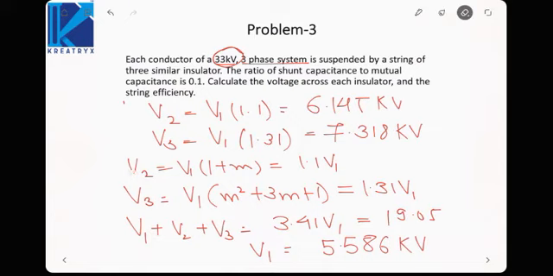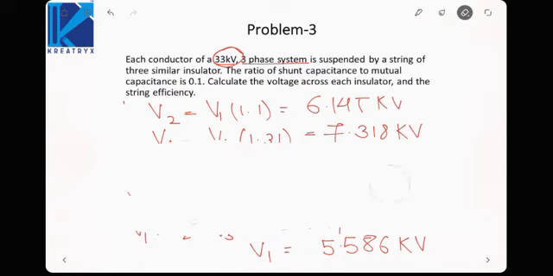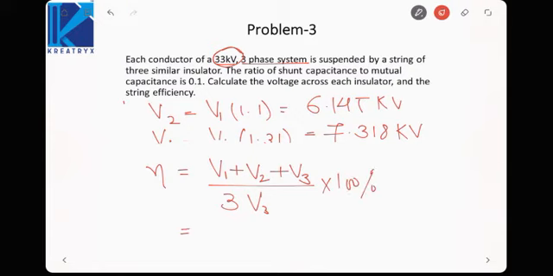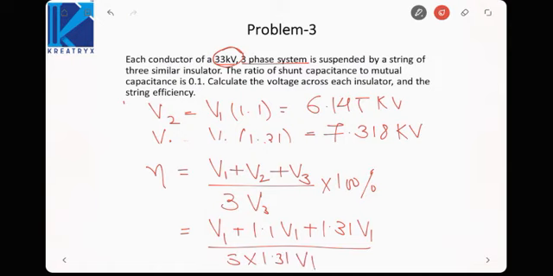Now it is asking for string efficiency. Now string efficiency we represented as (V1 plus V2 plus V3) by 3 V3 into 100%. Now this will be equal to (V1 plus 1.1 V1 plus 1.31 V1) divided by (3 into 1.31 V1) into 100%.